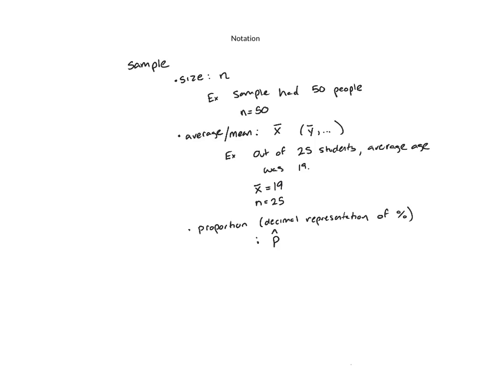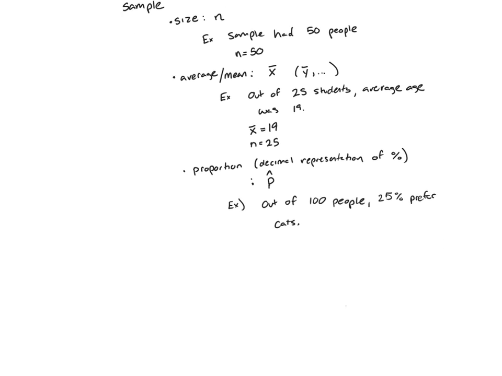A good example of this is if we say, out of 100 people, 25% prefer cats.